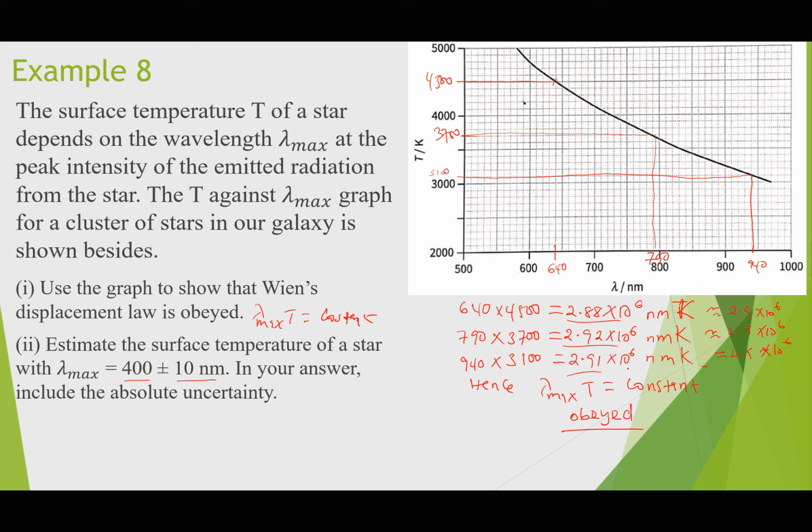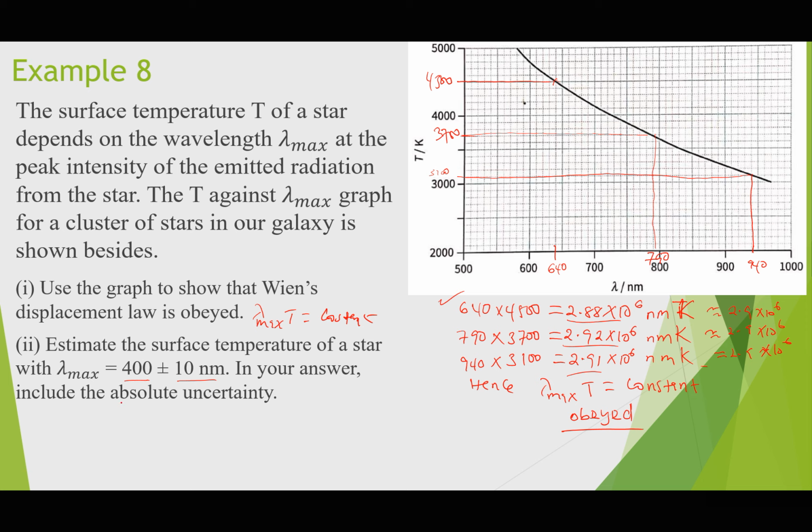Then estimate the surface temperature of a star, lambda max equals 400 plus or minus 10 nanometers. In your answer, include the absolute uncertainty. I can take the first one.